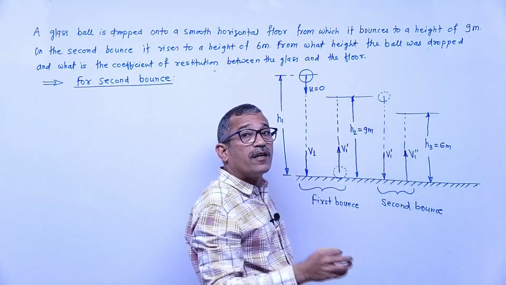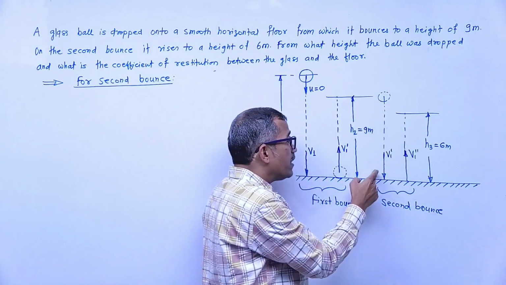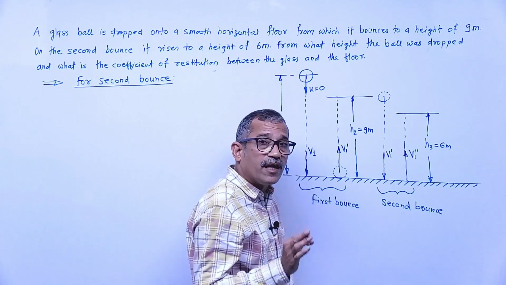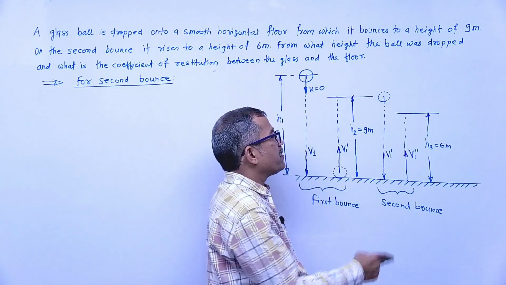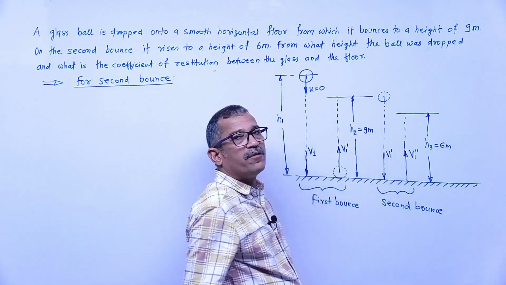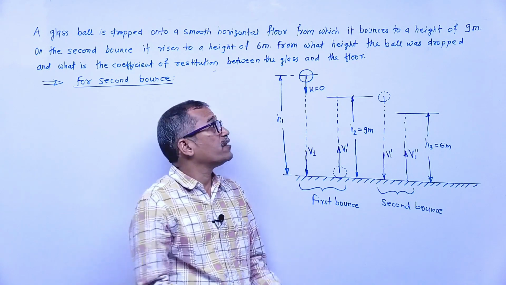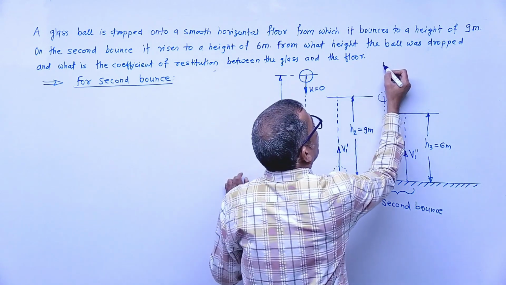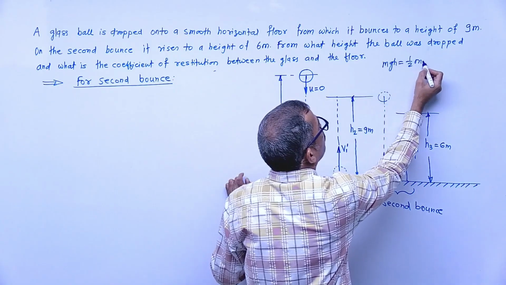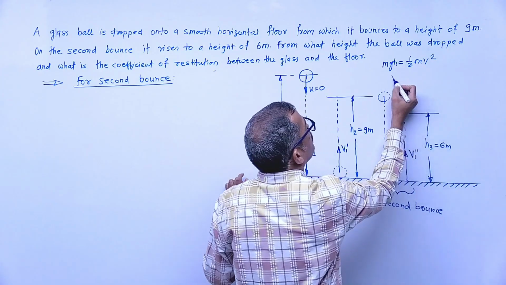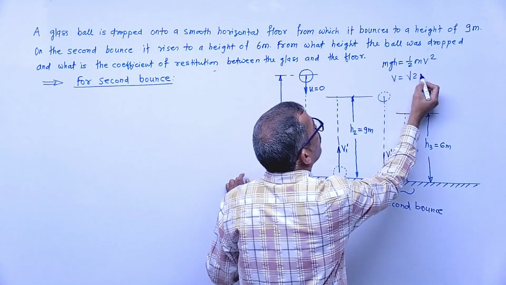Potential energy is mgh. Kinetic energy is half mv square. mgh is half mv square, mass cancels, and V is root of 2gh.